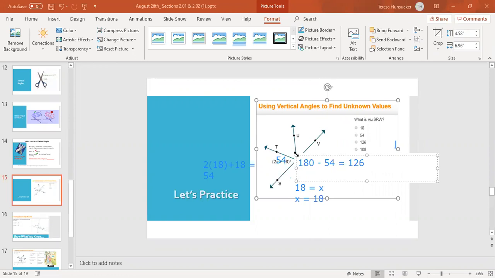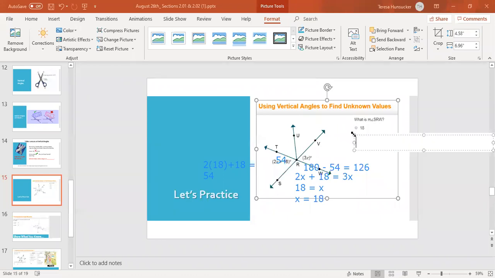So this angle is 126. So the correct answer is 126.